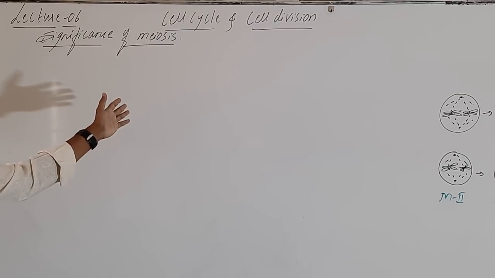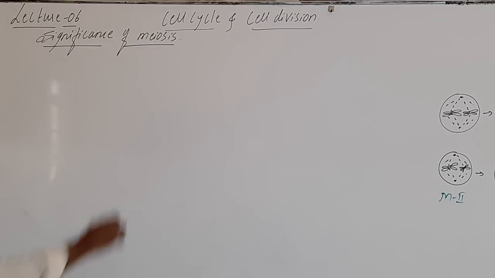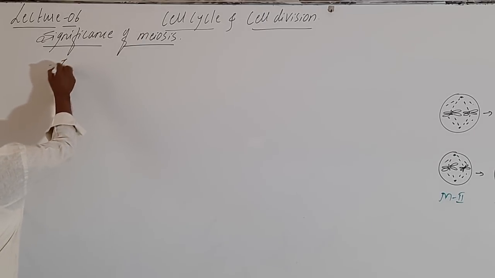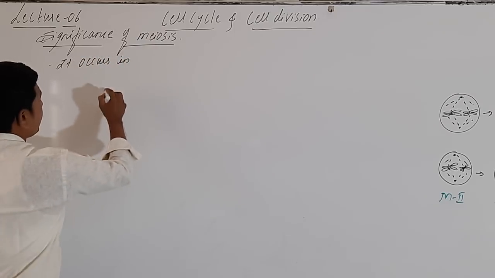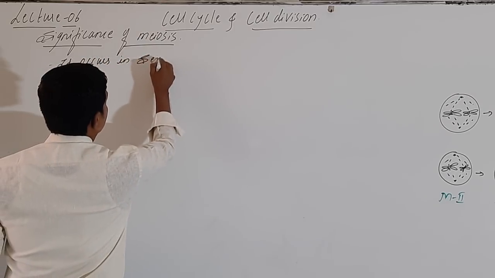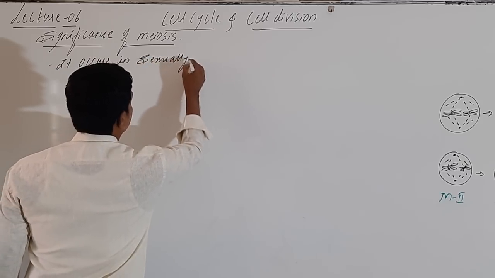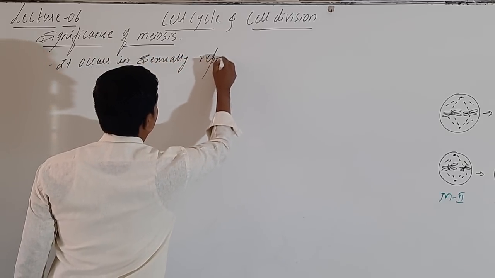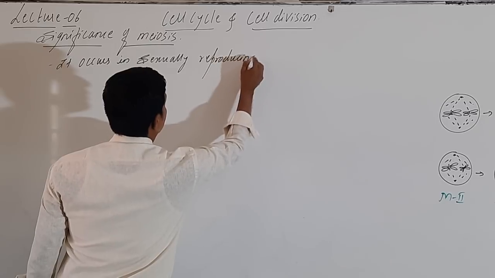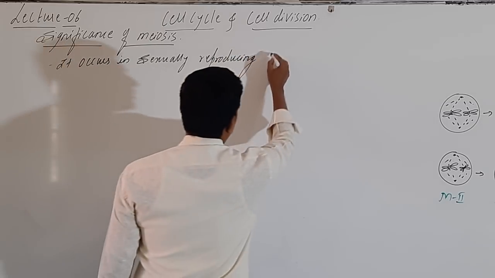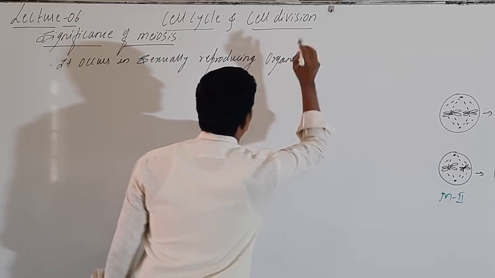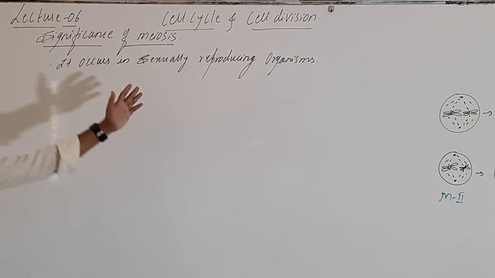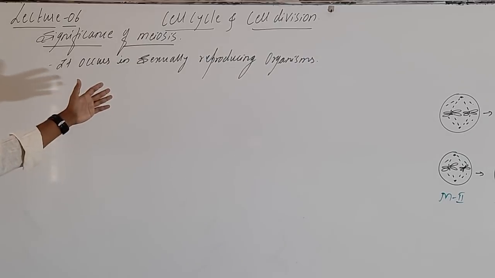Okay, in the last part, in the significance of the meiosis. So meiosis occurs in sexually reproducing organisms. Okay, so this is the character.